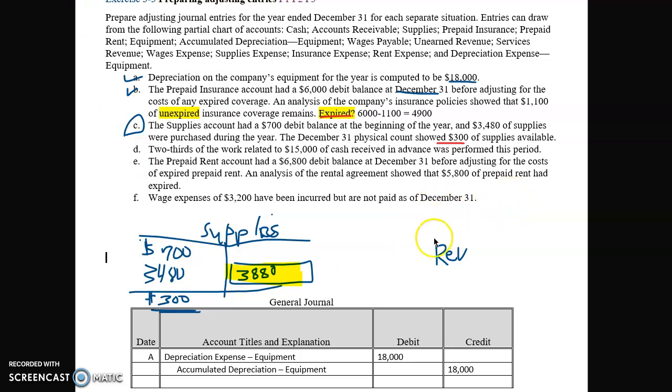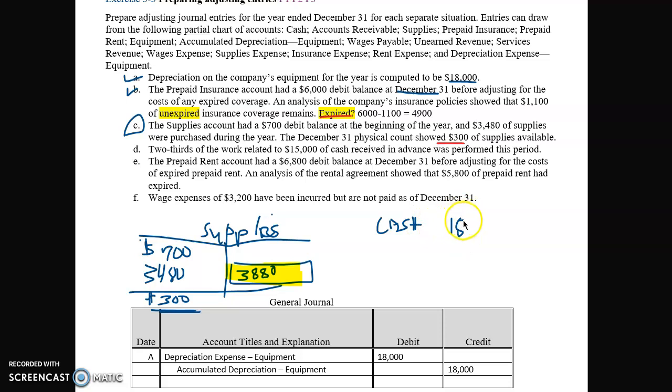But there is a weird one where you can get to cash first before you can record revenue, and you would call it unearned. Let's do this. Let me leave more room. So you would debit cash because you got the money up front. Let's say, we'll do this one for the problem.